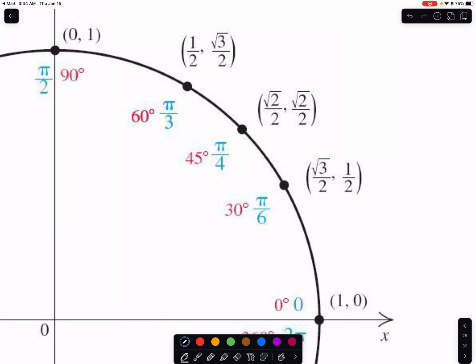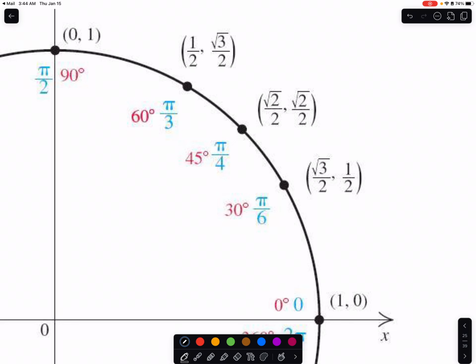So then if we were going to generate this unit circle on our own, on the axes, at 0 degrees, we have the ordered pair 1, 0. At 90 degrees, we have the ordered pair 0, 1. And then for these 3 points, for the 60, 45, and 30, if I were going to generate this on my own, notice that all the denominators are 2.